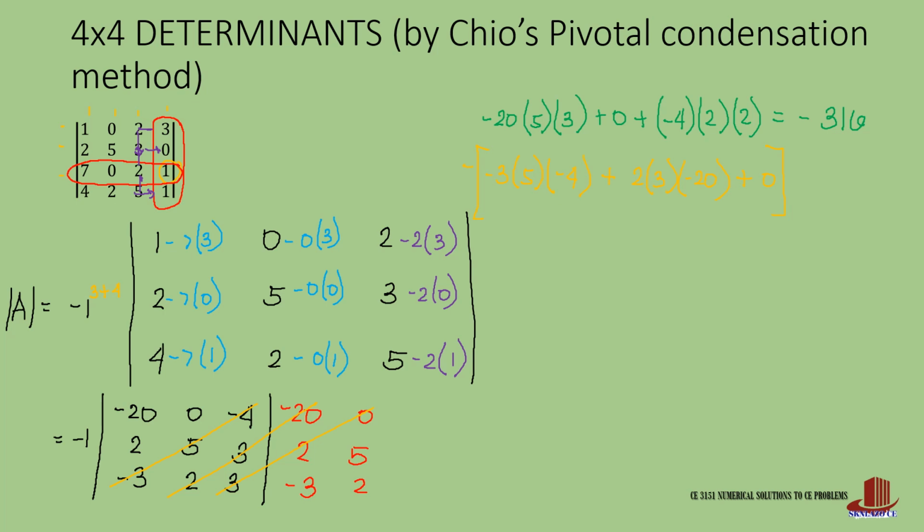Taking our values, negative 3 times 5 times negative 4 plus 2 times 3 times negative 20.